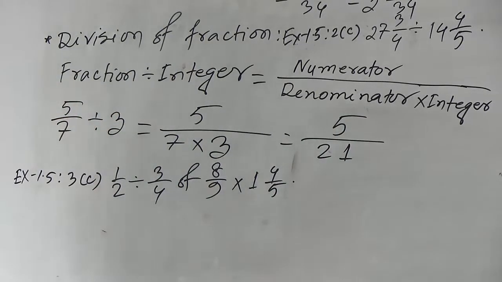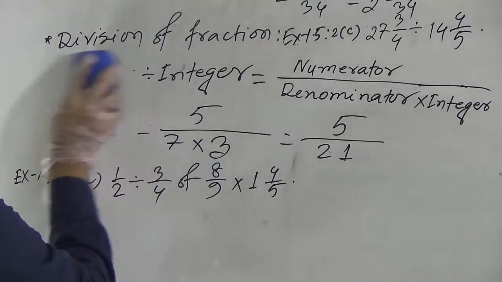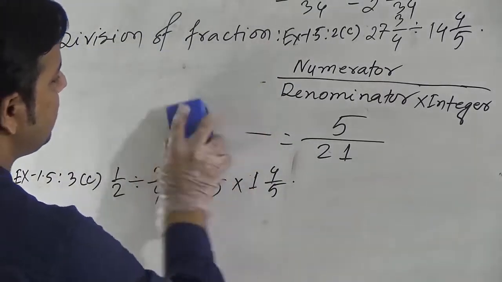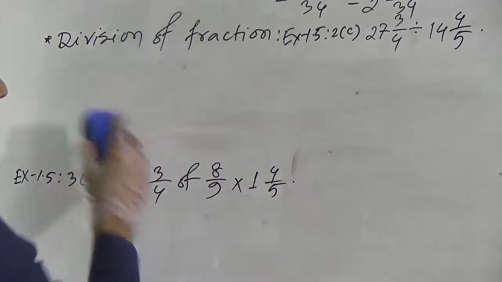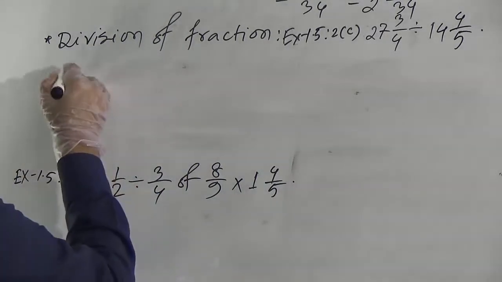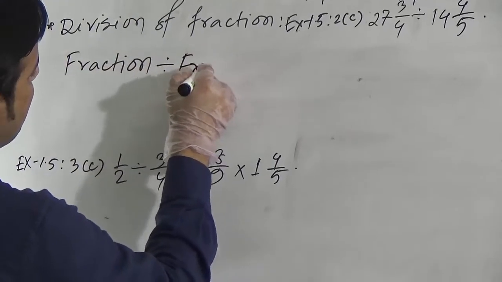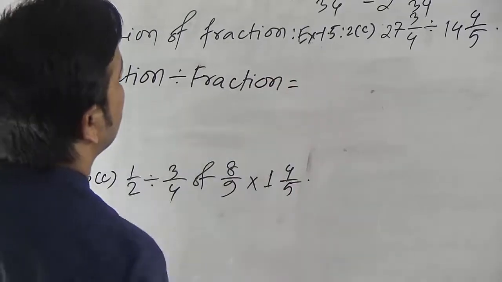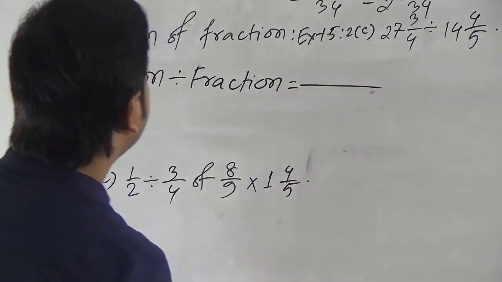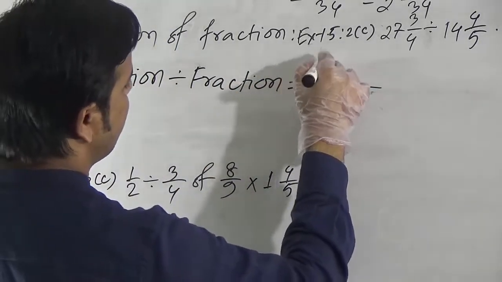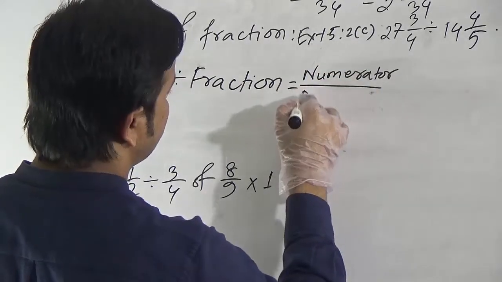Now I will show how we can divide a fraction by a fraction. So we can write here fraction divided by fraction. When we divide a fraction by a fraction, we have to remember that here is the first fraction, first numerator and denominator.